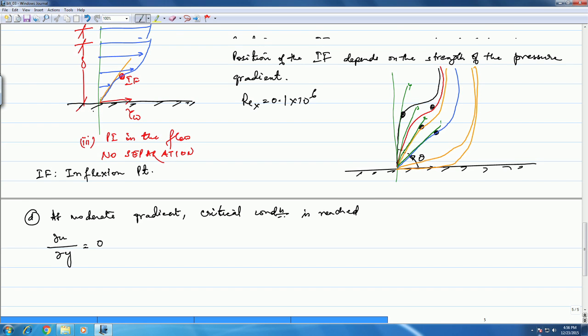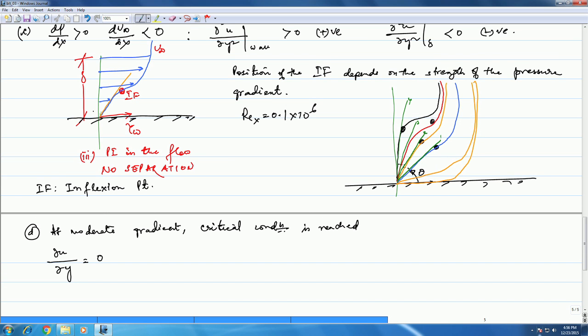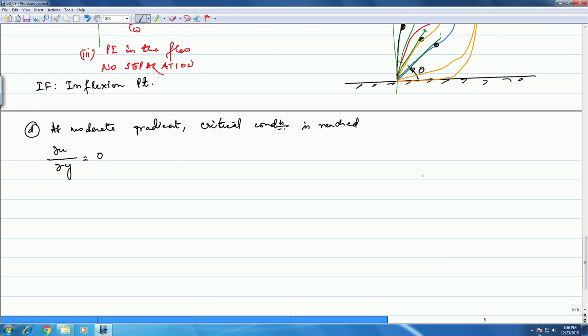We haven't seen that anywhere so far. So ∂u/∂y is 0. In that case, what will be τ_w? Because τ_w is nothing but μ ∂u/∂y.